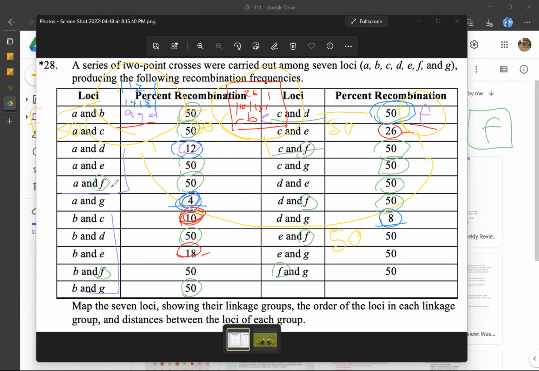F happens to be isolated from A and B and C, and D and G. So it's just too far gone. We don't know whether it's over here, or on a different chromosome over here, you know. But within the linkage groups, there's a lot of color on the screen, but we did it. All right.